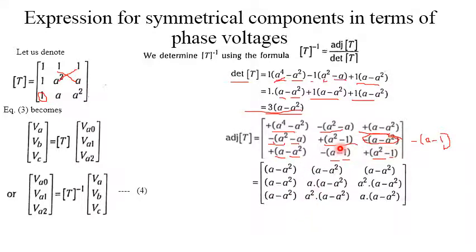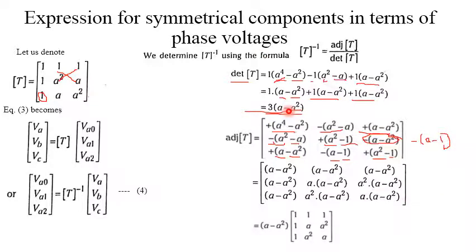If it is a square, I should have a minus a square, and for this term, if we consider a, then a minus a square. This is how we are considering the adjoint of the matrix. There are a lot of videos available on how we consider the inverse of a 3 cross 3 matrix; just watch them and try to understand that.